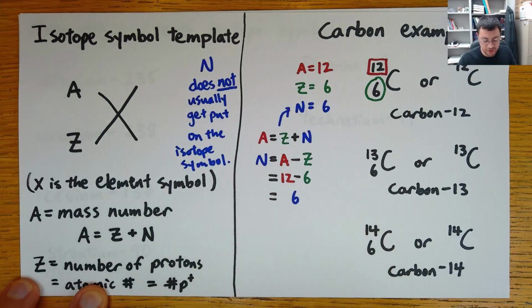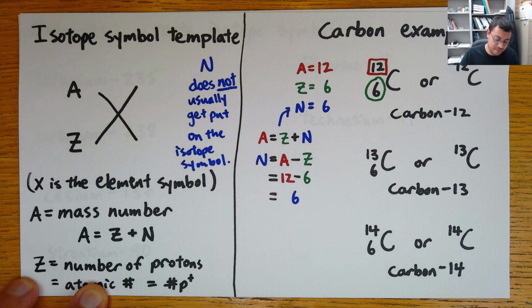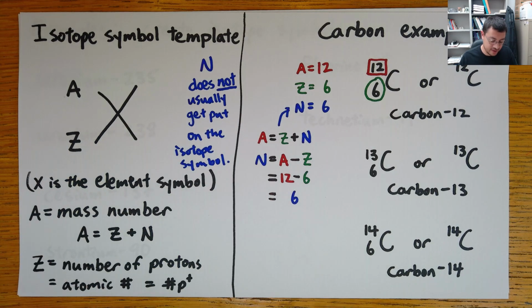We may have heard of that one before, but A is often a new one for many. That's called the mass number. Mass number is not the actual mass. You're not weighing it or anything like that. I mean, it'll be close to that weight or mass, but it's actually just a pure counting number. It's an exact number, just like Z is an exact number.